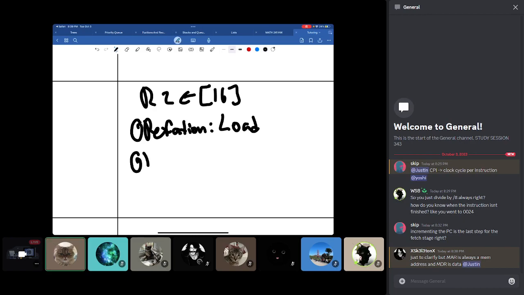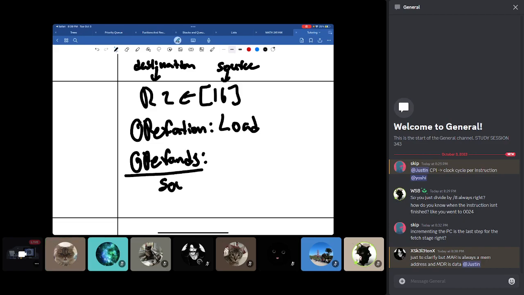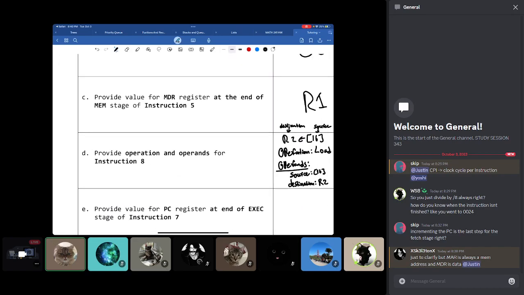Our operands are of course the destination and the source. Right. So our source is going to be address 16 and our destination is R2. And that would answer what are the operation and operands for instruction 8.